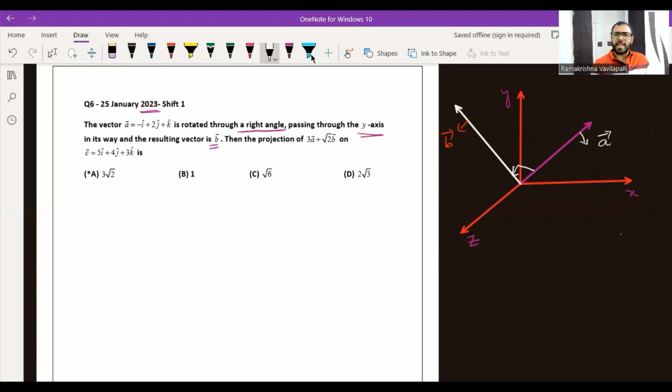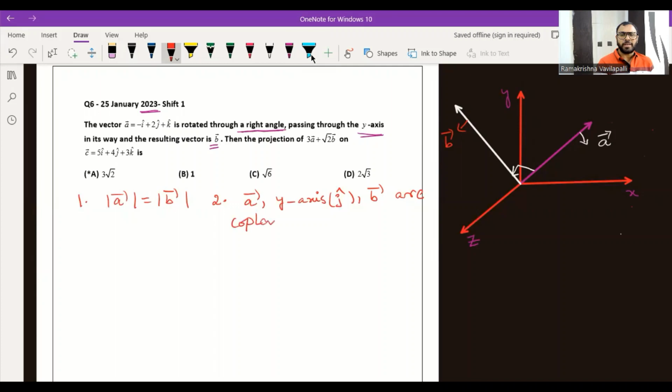Here you see the magnitude of A bar and the magnitude of B bar are equal. So the very basic first observation is that magnitude of A bar equals magnitude of B bar. What is the second point? A bar, comma, y-axis, which is nothing but j cap, comma, B bar are coplanar.